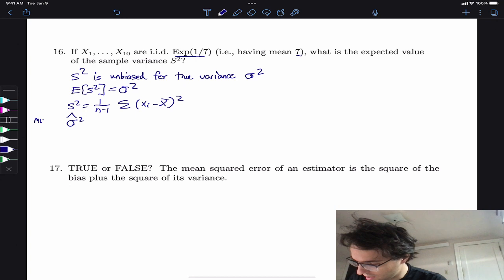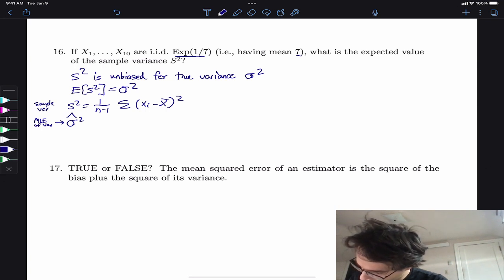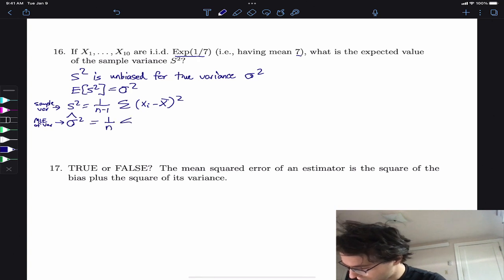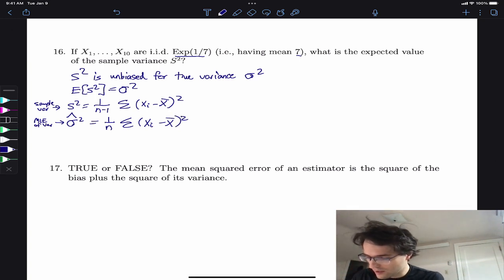This is the MLE of variance, and this guy is the sample variance. The only real difference between these two formulas is that instead of 1 over n minus 1 on the bottom, it's 1 over n.